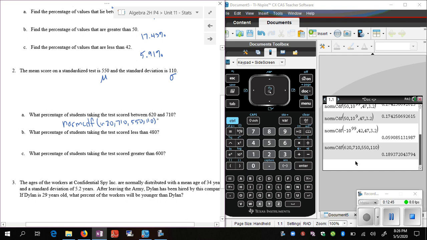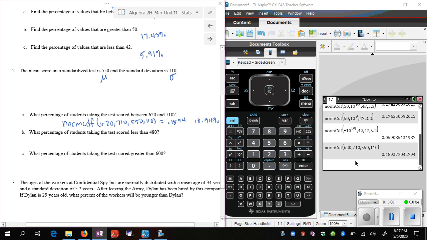This is universally accepted because TI calculators and other types of calculators use this format. That comes out to 0.1894, and since it says percentage, we convert this to 18.94%.